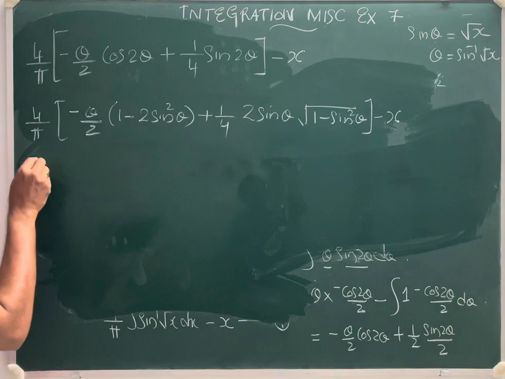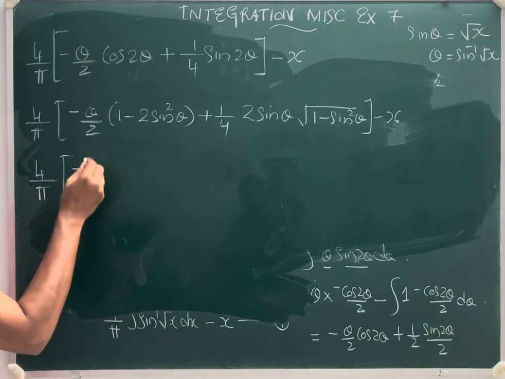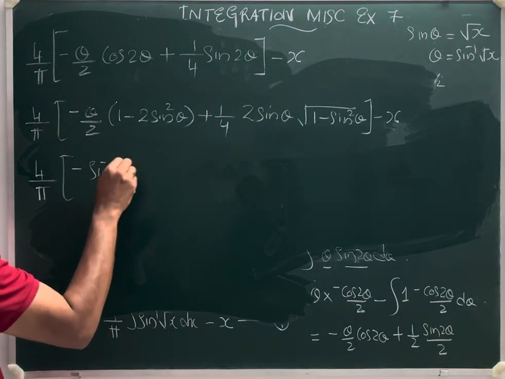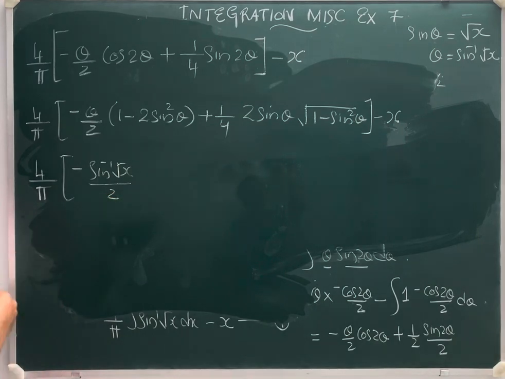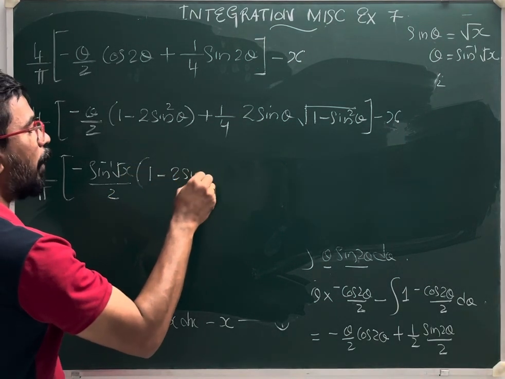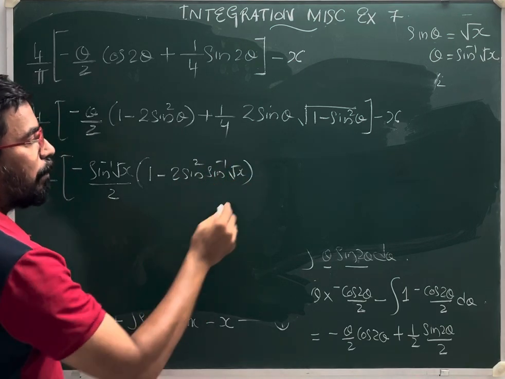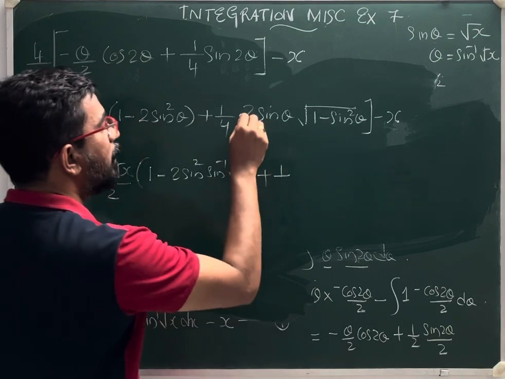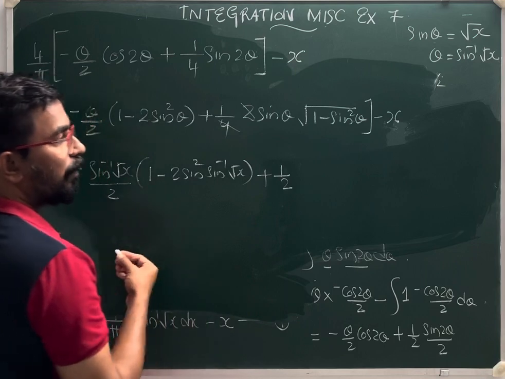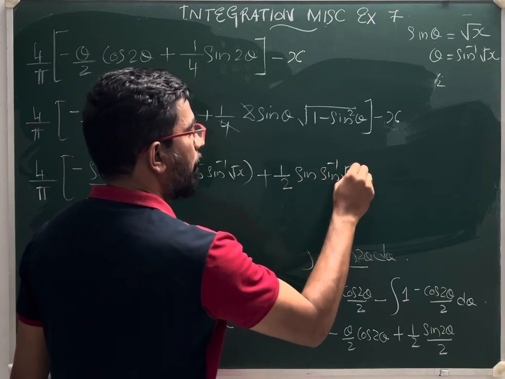Now I will write this as (4/π − θ/2), where θ will be sin⁻¹√x, into (1 − 2 sin²(sin⁻¹√x)), plus 1/4, and this 1/4 and 2 when you cancel, you get 1/2 sin⁻¹√x.